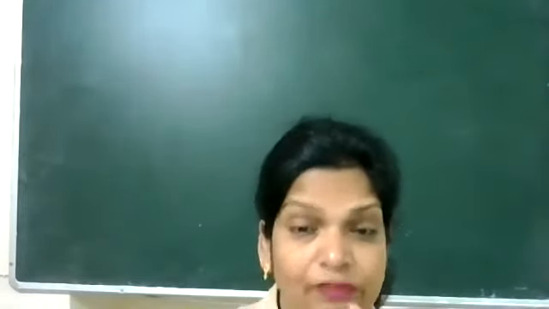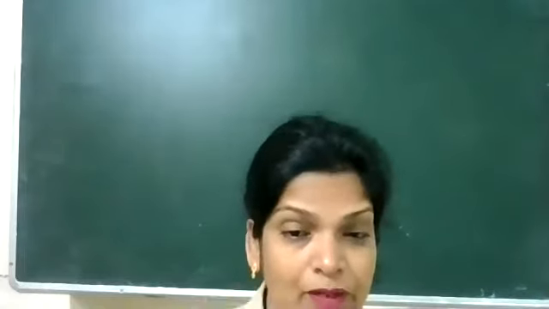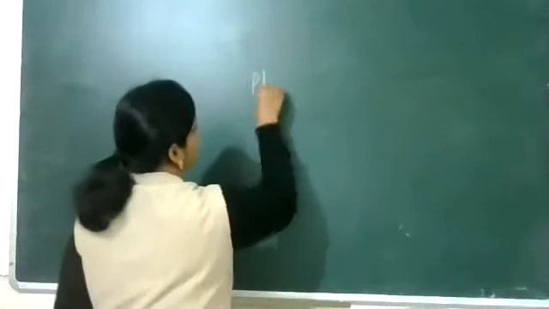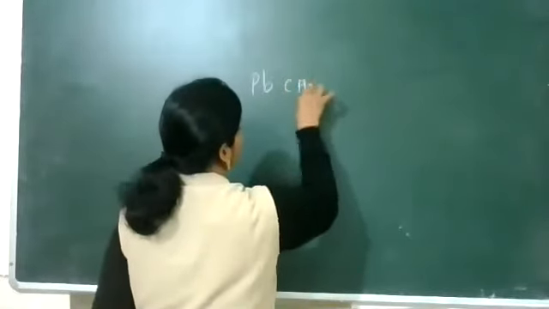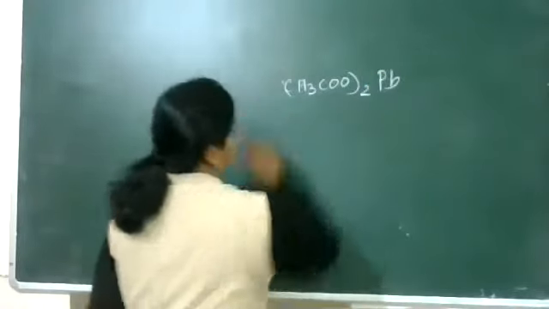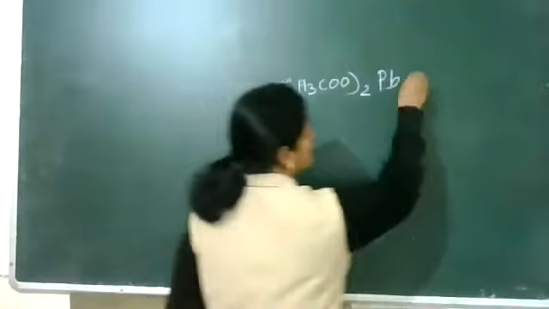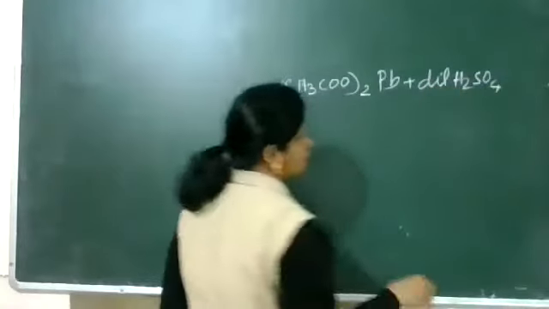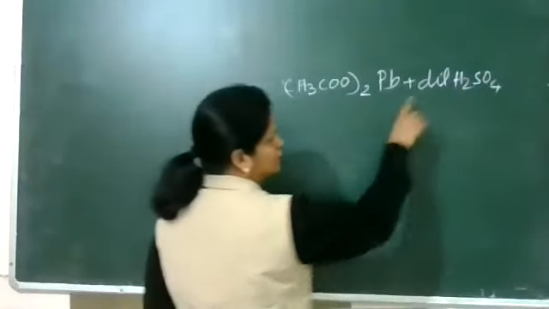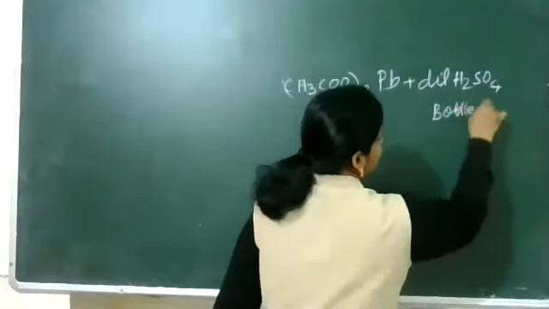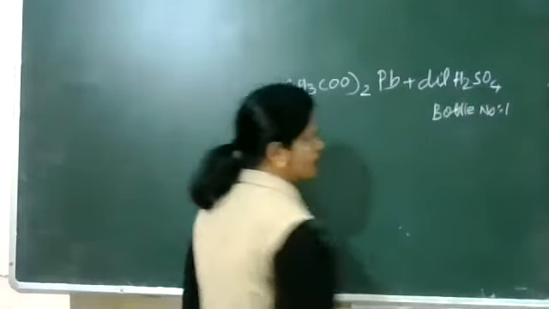If you are getting the smell of acetic acid, that is vinegar, then you can say that your salt contains, for example, lead acetate plus dilute H2SO4. Dilute H2SO4 is bottle number 1.